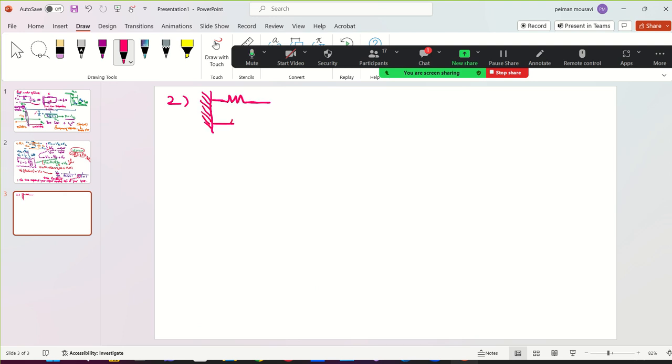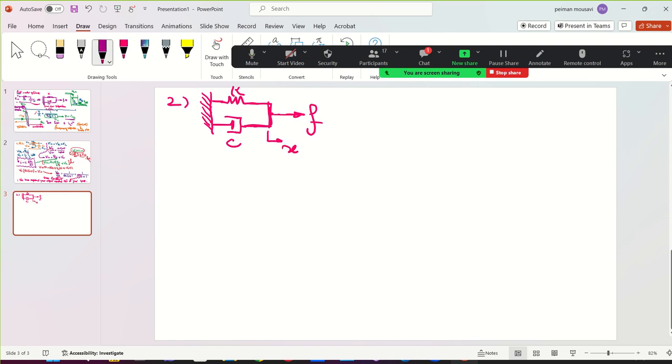Spring, damper. Here we go. And you have a force. K and C. When you're applying a force, you have a displacement here. X. So what I'm going to find is output displacement over force.